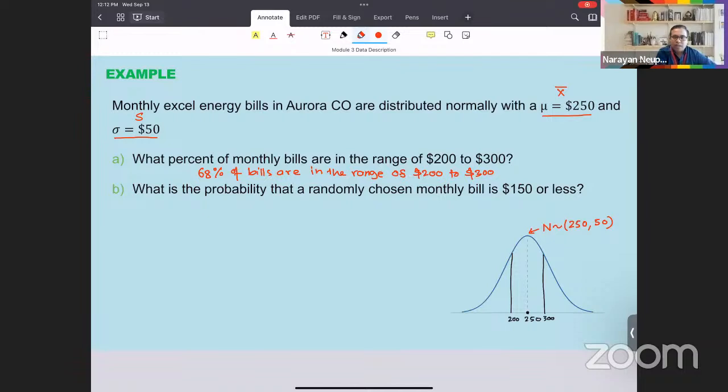That's why within one standard deviation, you have 68% of the bills. Okay. Any question on the first part? If you have a question, you can unmute yourself and ask. Is there a question there?